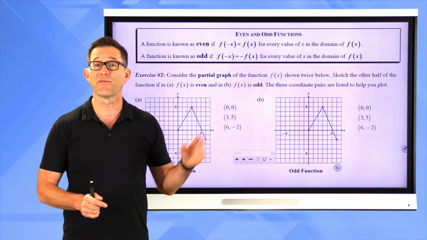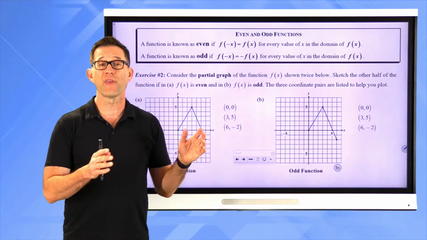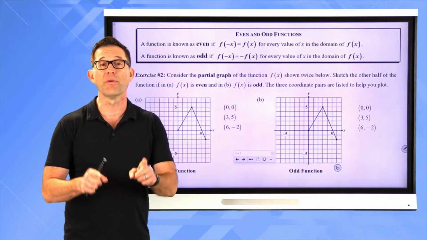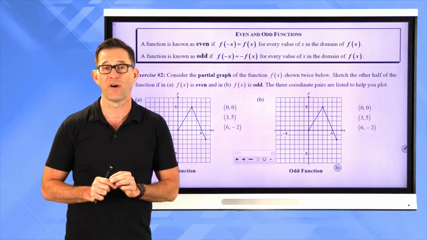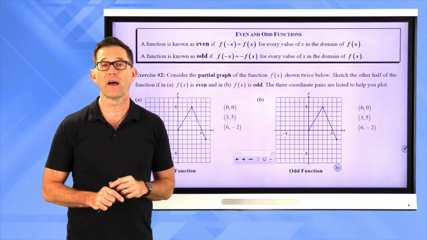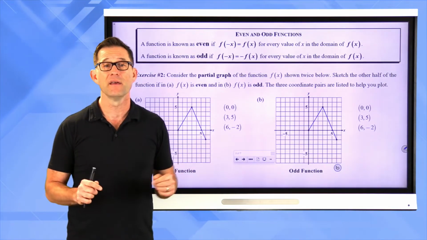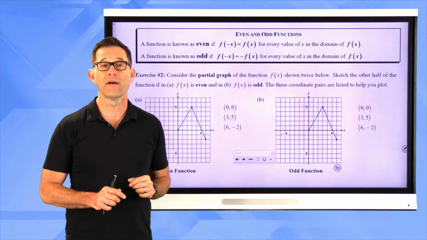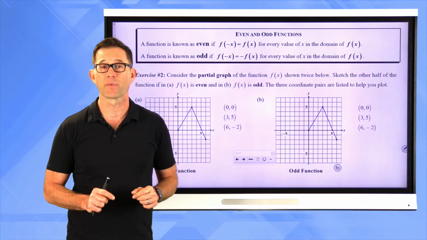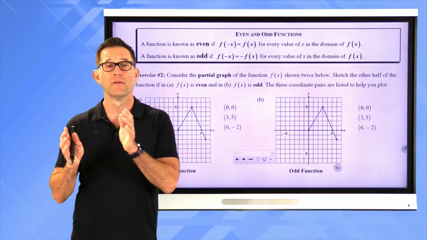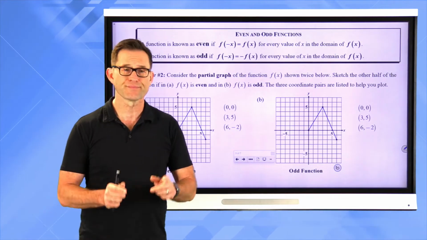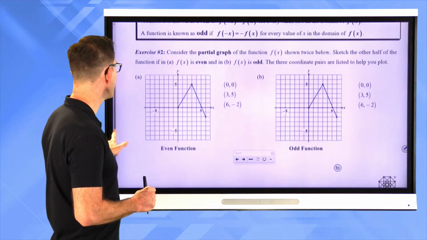It just means that if I have an odd function, whatever the output is at negative 5 will be the opposite sign of whatever the output was at positive 5. So if at positive 5 the output was negative 10, then the output at negative 5 will be positive 10. Odd functions: opposite outputs for opposite inputs. So let's test this a little bit in exercise number 2.